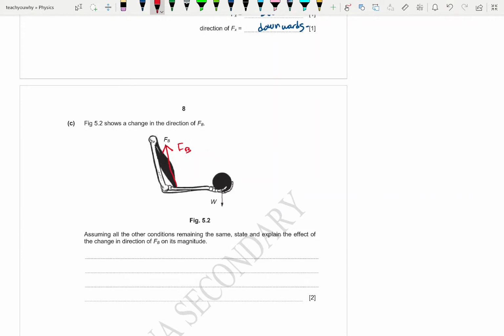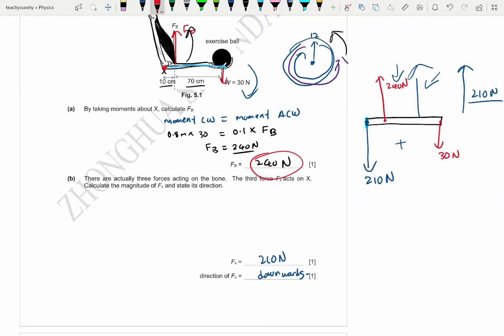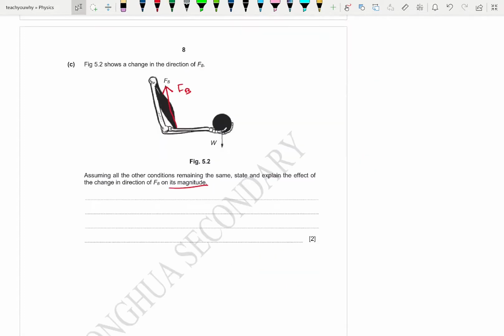They only want to know how the value of Fp will be compared to the 240 that we calculated. So I'll give you the answer. Fp has to be higher.